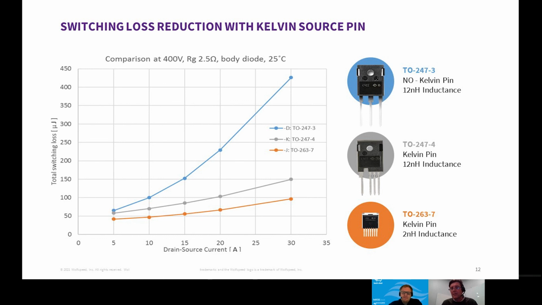This has stray inductance. If you simply change to a 4-pin KELVIN source part from Wolfspeed, then you're effectively bypassing that source power inductance, and you can reduce the switching losses by about a third by just simply moving from a 3-pin to a 4-pin.